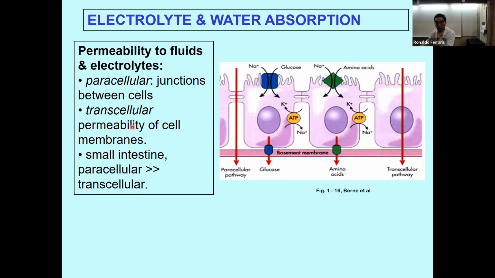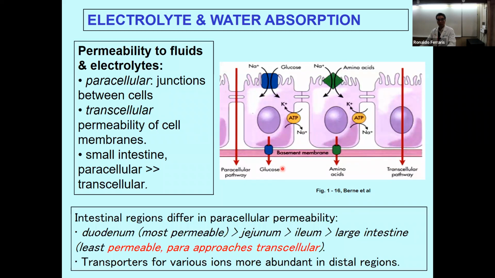One other way that they can go through is via a transcellular pathway going through the apical and basolateral membranes. So fluids and electrolytes are going through both routes, depending on what region of the intestine you're in.